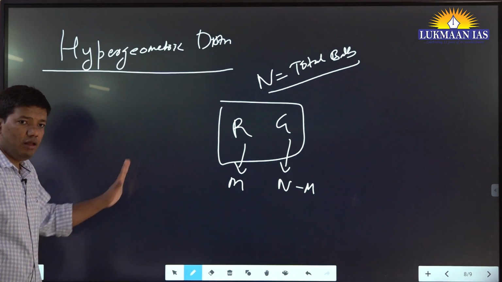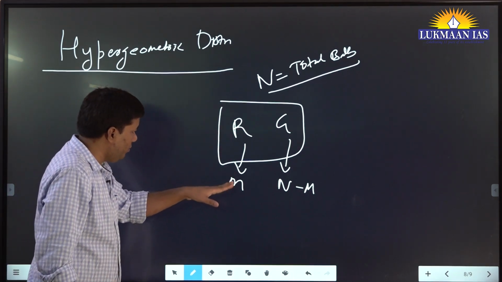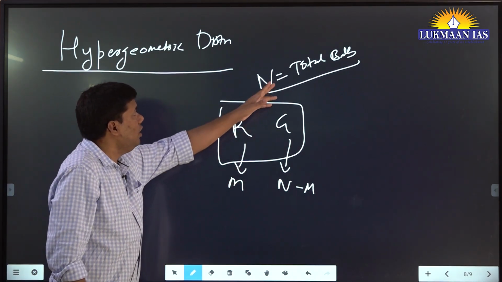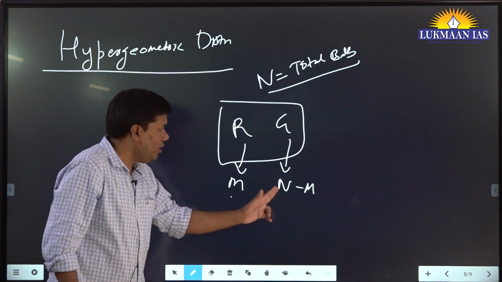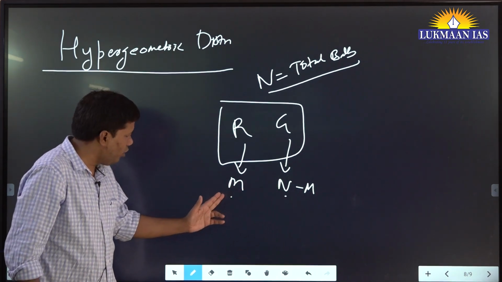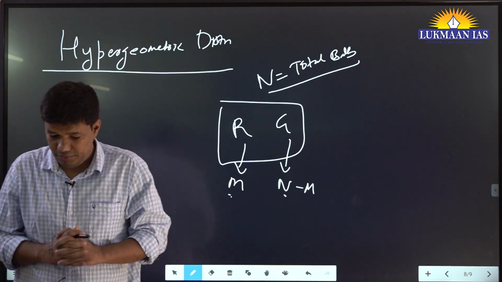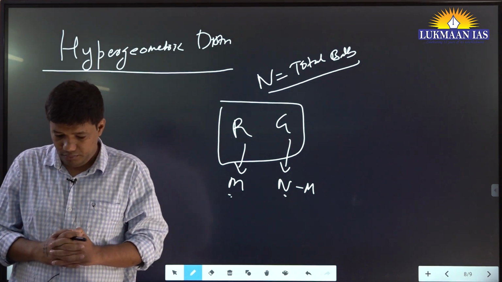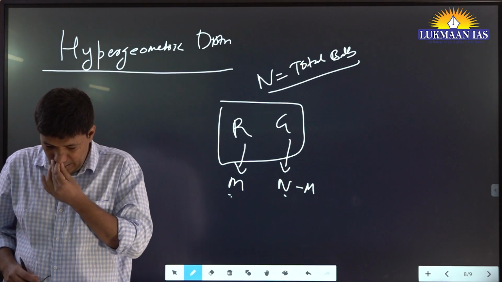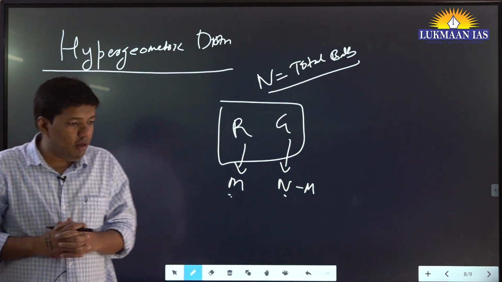The setting is very clear. There is a bag in which there are some red balls, some green balls. Red balls are m, and the green balls are n minus m.